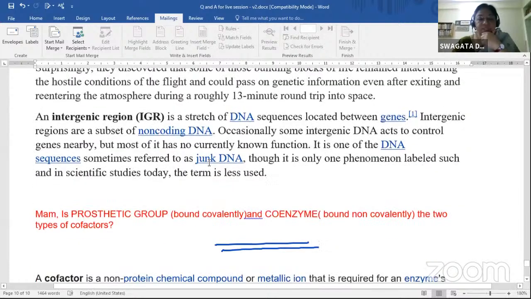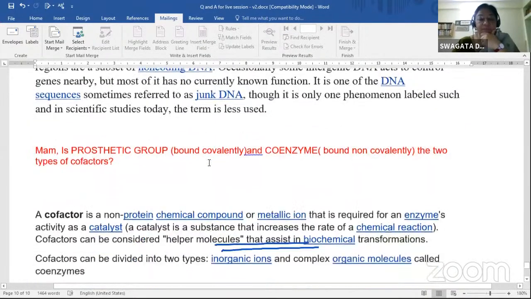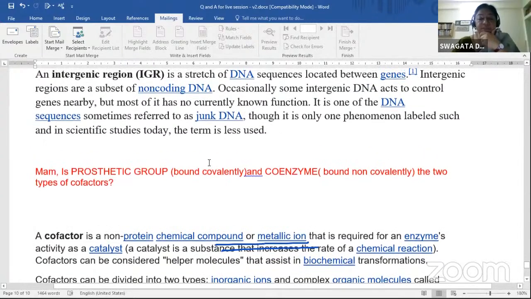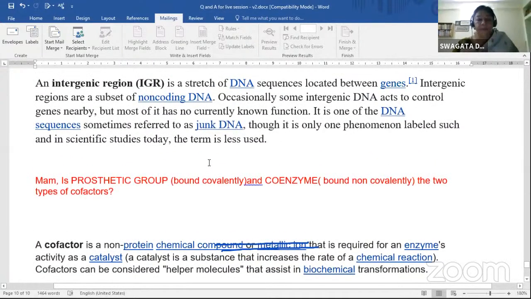Then the question was about prosthetic group and a coenzyme. So when we look at these different terminologies, we try to understand what they all mean and how an enzyme is to act. Now, for an enzyme to act, it sometimes needs some extra hands. And these extra hands come in the terms of what we would call a coenzyme, a prosthetic factor.